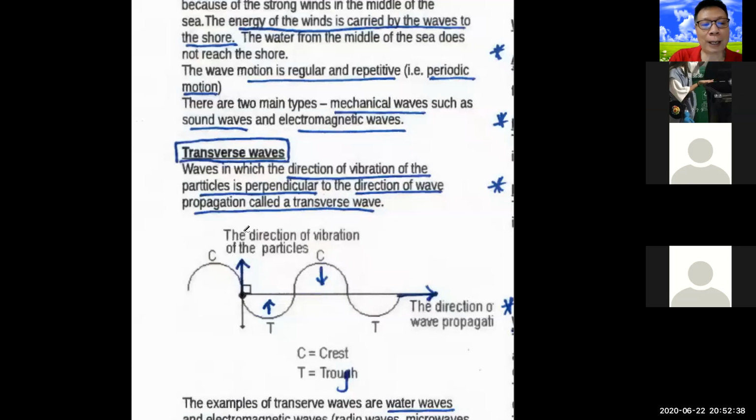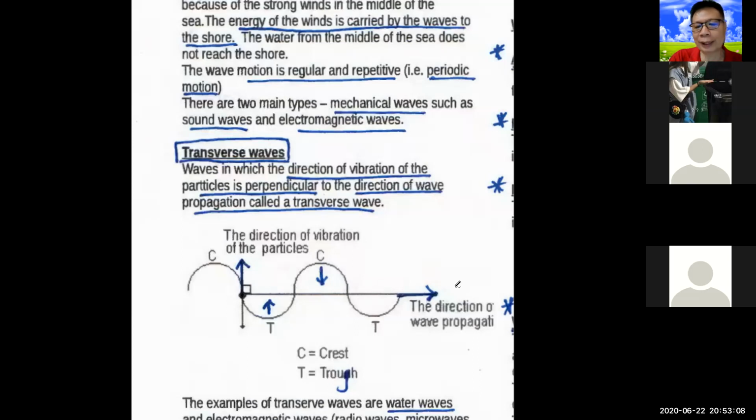Whereas the direction of vibration of particles is up and down. So you can see that the direction of vibration of particles and the direction of propagation are 90 degrees. This kind of wave is called transverse. Transverse means the direction of vibration of the particle is perpendicular to the direction of propagation.